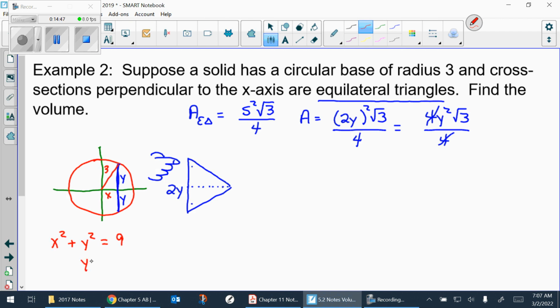And so y squared can be replaced, or I can substitute a 9 minus x squared in the place of y squared. So my area in terms of the correct variable is 9 minus x squared times the square root of 3.